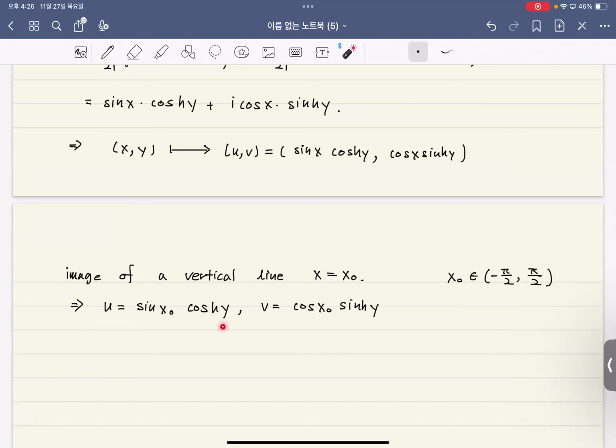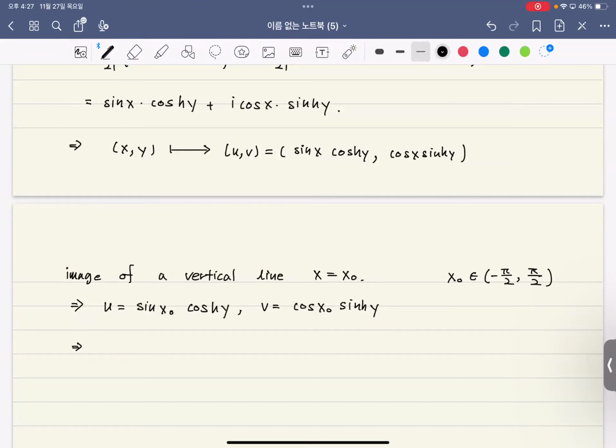So y is just a free variable parameter, and I will need to get rid of this dependency. Sorry, I messed up. I need to get rid of the dependency on the free variable y.